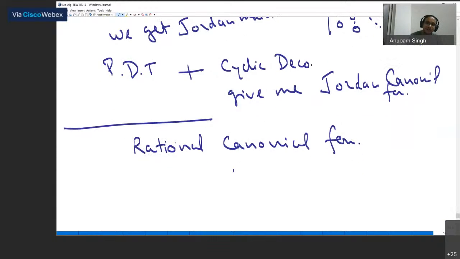Rational canonical form is where you don't need to assume any condition on F. F is anything, but then you may not have eigenvalues, so you will not get these nice matrices. Instead, you will get block matrices where companion matrices appear in the blocks. That statement is slightly complicated to write, so I will not write it.